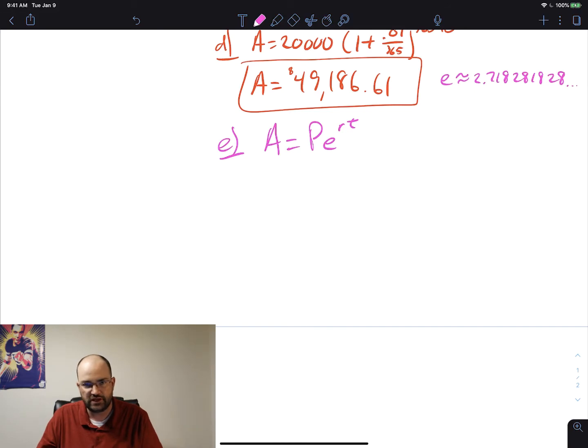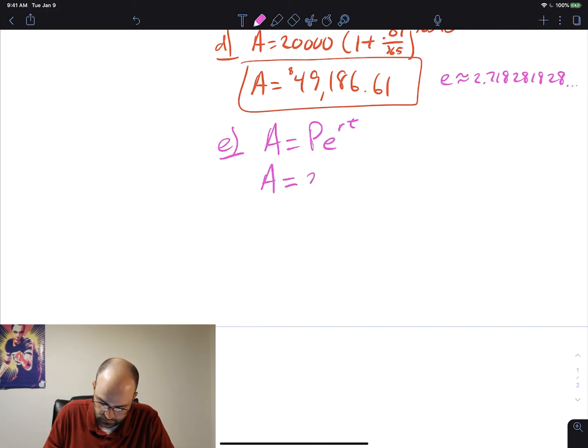E is like pi. Pi is irrational, which means it continues forever and doesn't repeat itself. It can never be written as a fraction. And so here, notice that we have a base of E with an exponent of R times T. There is no N because technically for compounded continuously, N is infinity. So this is the formula for an infinite number of compounding events per year.